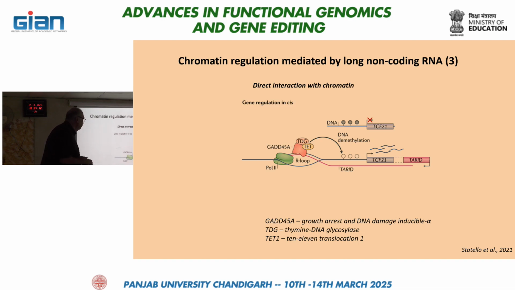So TARID is transcribed from this direction, and here it can form a loop structure, an R-loop structure. You remember that complementarity to DNA opens the structure. This heteroduplex DNA-RNA is recognized by a set of proteins. We will not discuss the names of them. And this set of proteins can demethylate the promoter region of the TCF21 gene, and it becomes active.